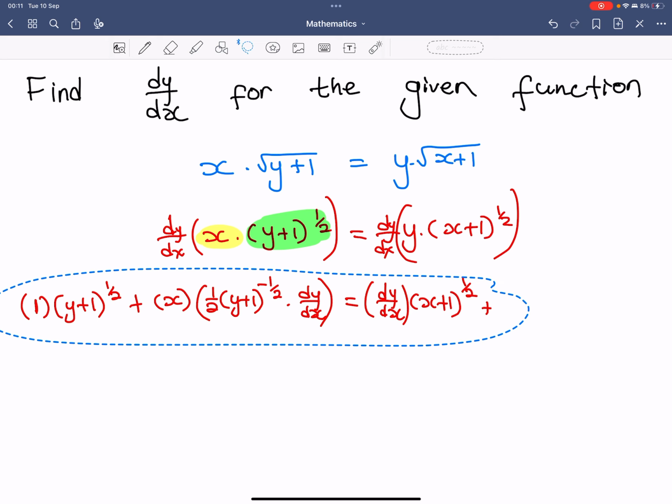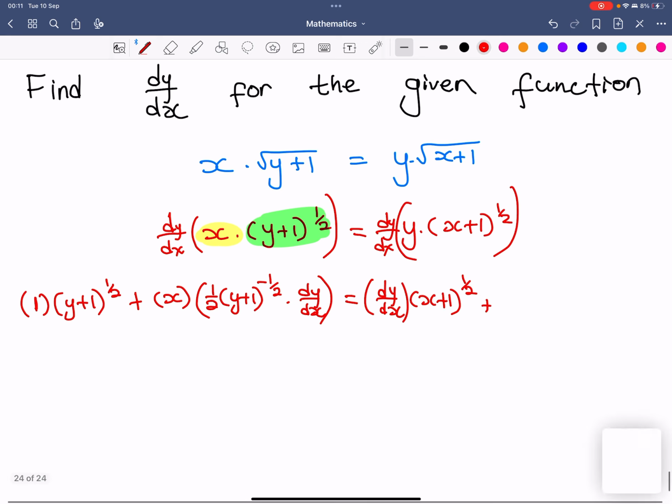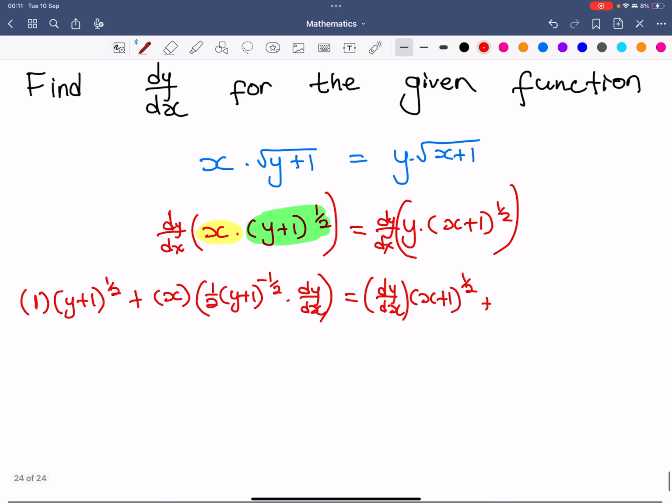The y remains the same, and the derivative of this is 1 over 2, (x plus 1) to the power minus 1 over 2, multiplied by the derivative of x, which is just 1. So yes, I've differentiated both sides.